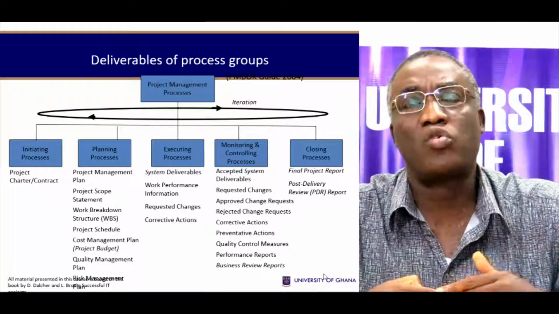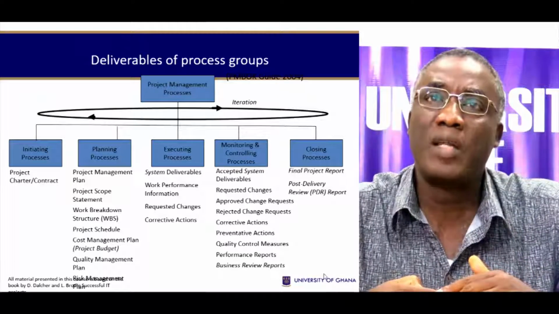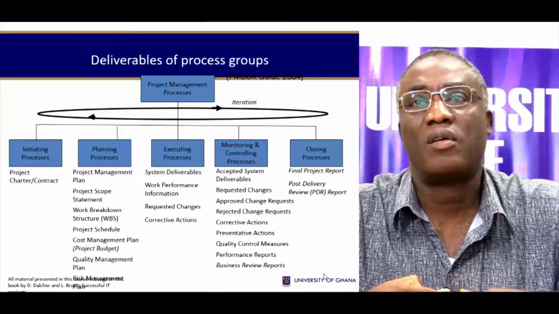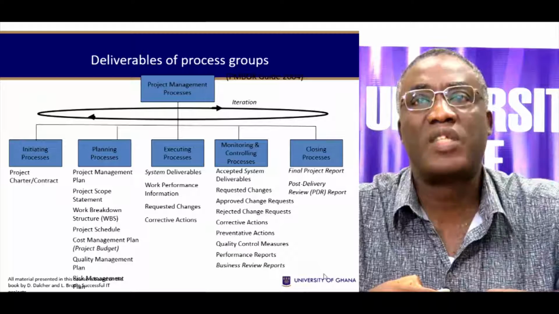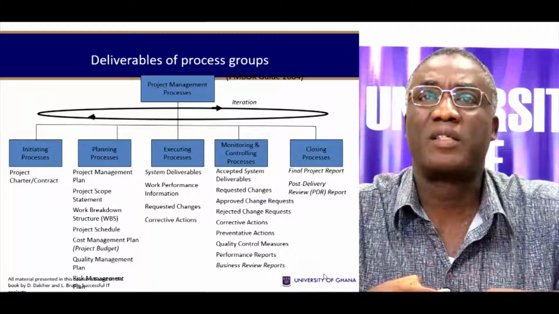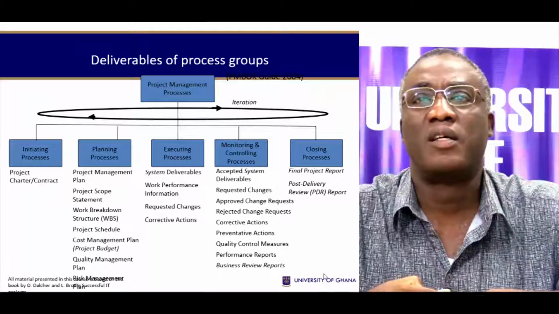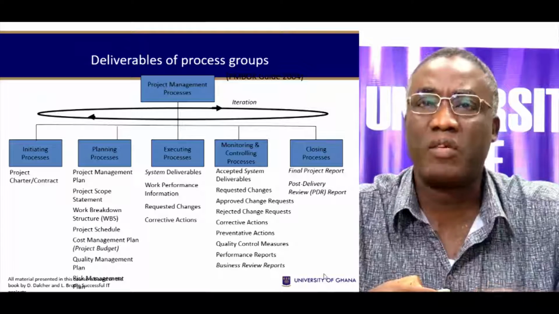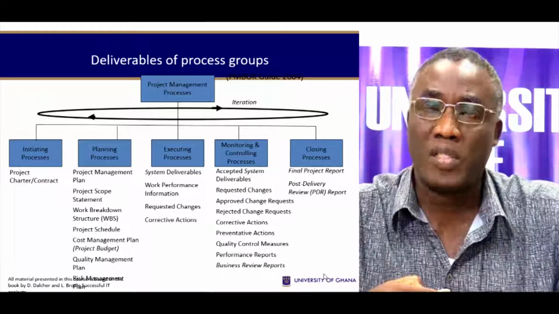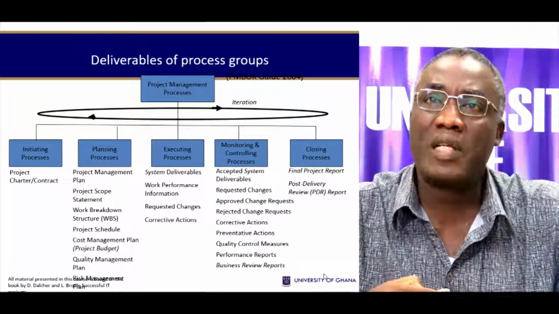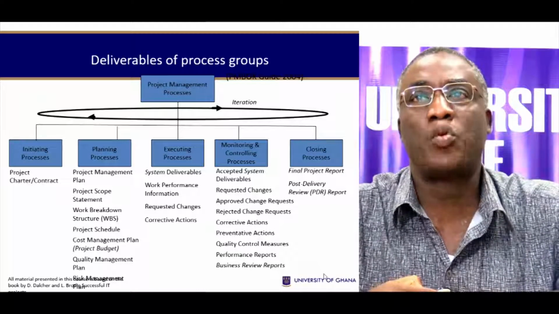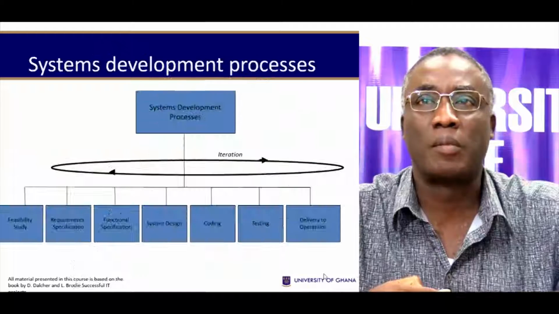The monitoring and control processes, the deliverables that you'll be looking at are accepted system deliverables, requested changes, approved change requests, rejected change requests, corrective actions, preventative actions, quality control measures, performance reports, and business review reports. For the closing processes, the deliverables are final project reports and also a post-delivery review report.